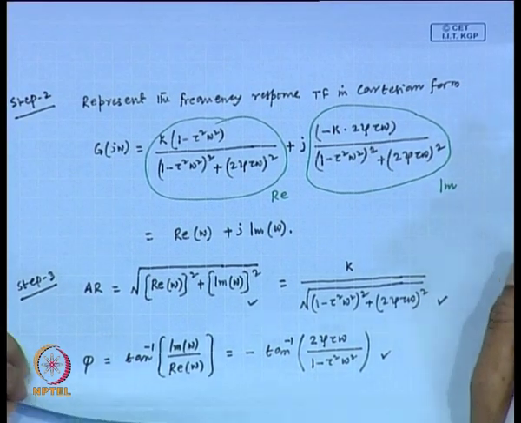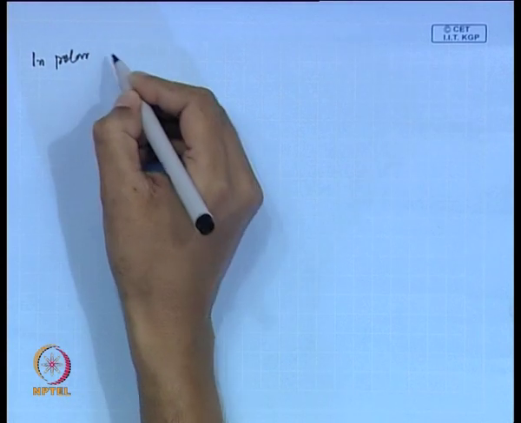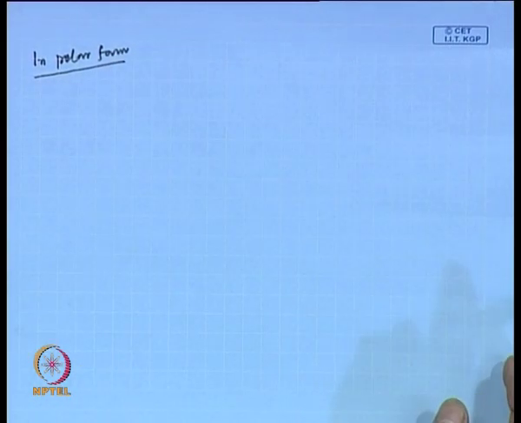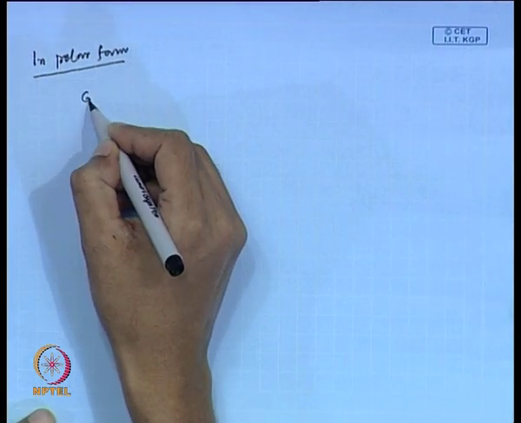Now, we will represent the frequency response transfer function in polar form, and we will find the expressions for amplitude ratio and then phi, phase angle.